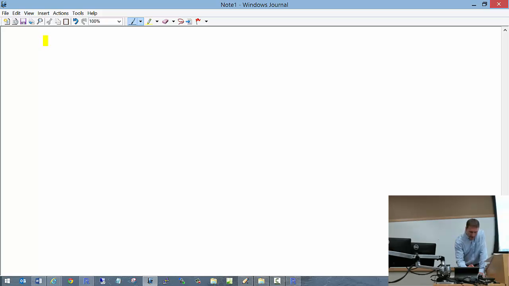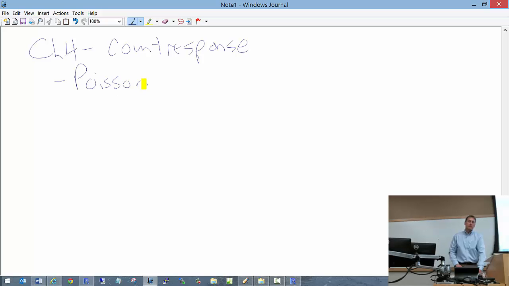So lastly, then, that takes us to chapter 4, where we have a count response. So, know the basics of working with the Poisson distribution. Understand when we like to find a maximum likelihood estimate.